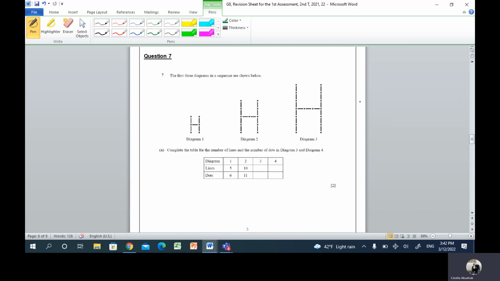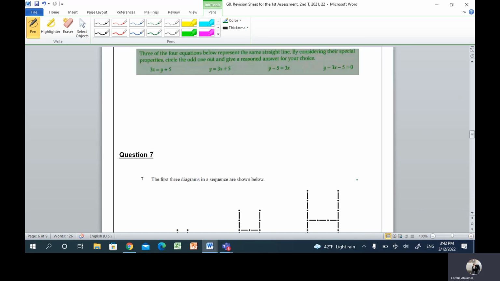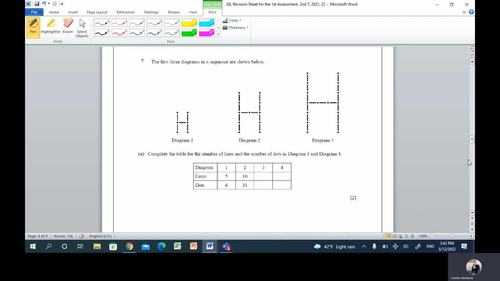I'm starting with the questions that some students might find hard. Okay, so the first 3 diagrams in the sequence are shown in these diagrams. And as you can see here in the table, let me just get this screen a little bit bigger. As shown here, you have this table.